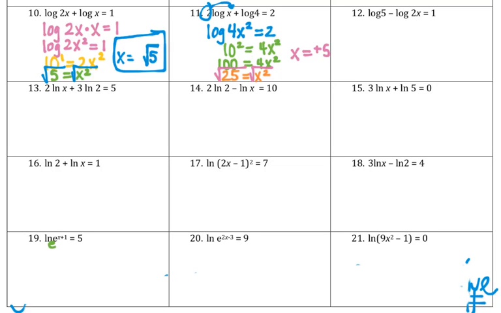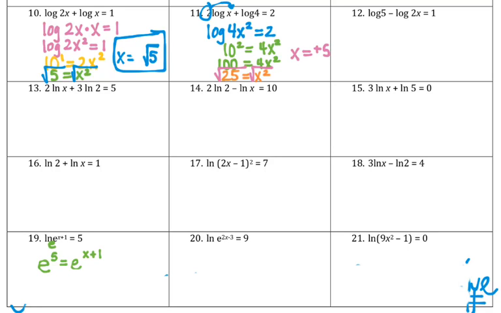Okay. All right. Now if I change this into an exponential, my base is e. What's my exponent? 5. e to the 5th power is equal to all of this, e raised to the x plus 1. Now this one looks a little bit weird. But if we have e to the 5th power equals e to the x plus 1, what do you think x is going to have to be? 4.